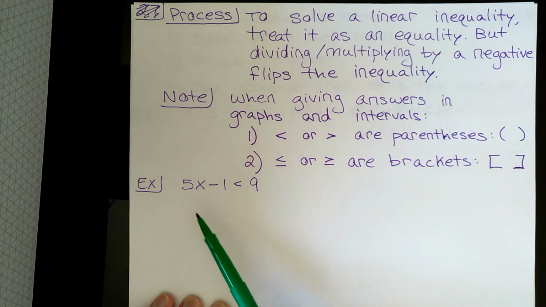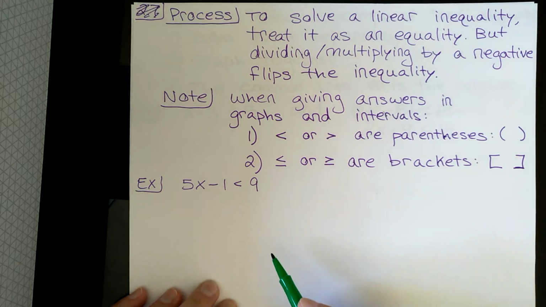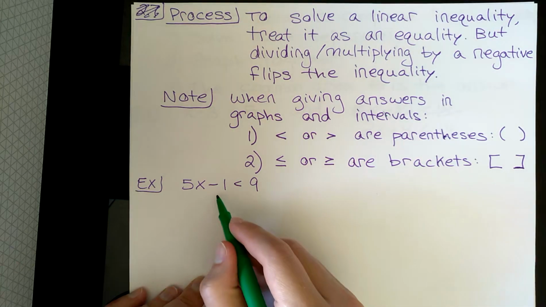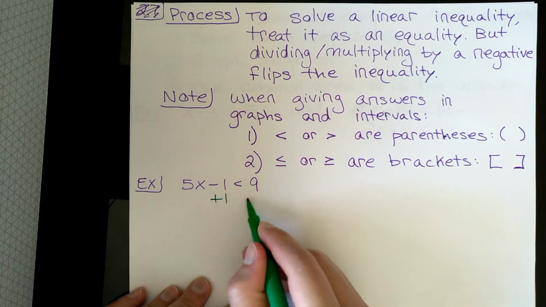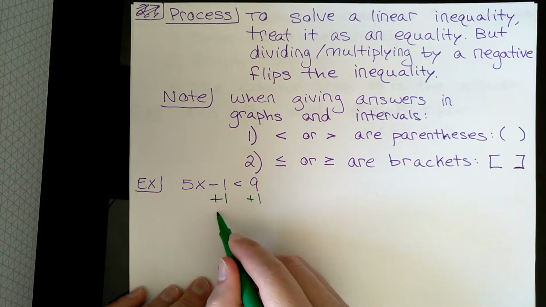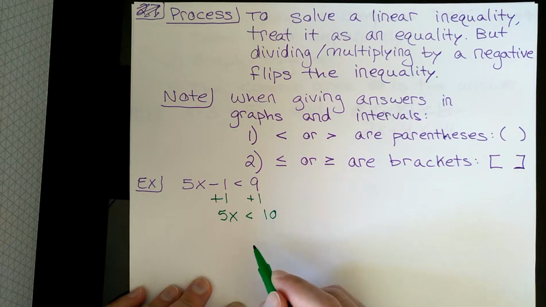So for example, we have 5x minus 1 is less than 9. We want to go ahead and graph this as well as solve for the interval. The first thing we want to do, just like with an equation, is add 1 to each side, which gives us 5x is less than 10.